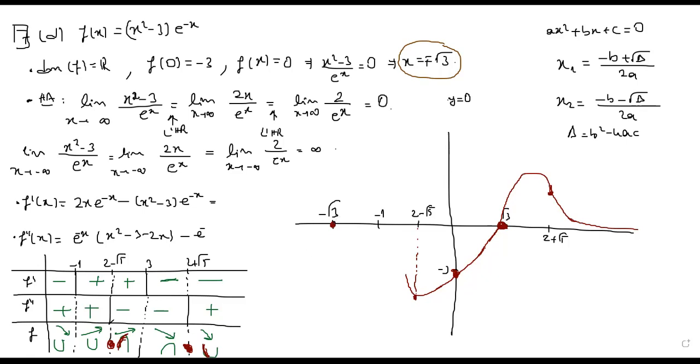And you see between -1 and this point, it's increasing and upward. So it will look like this, right? Now, then we need to continue like that. So here we have something like this, right?